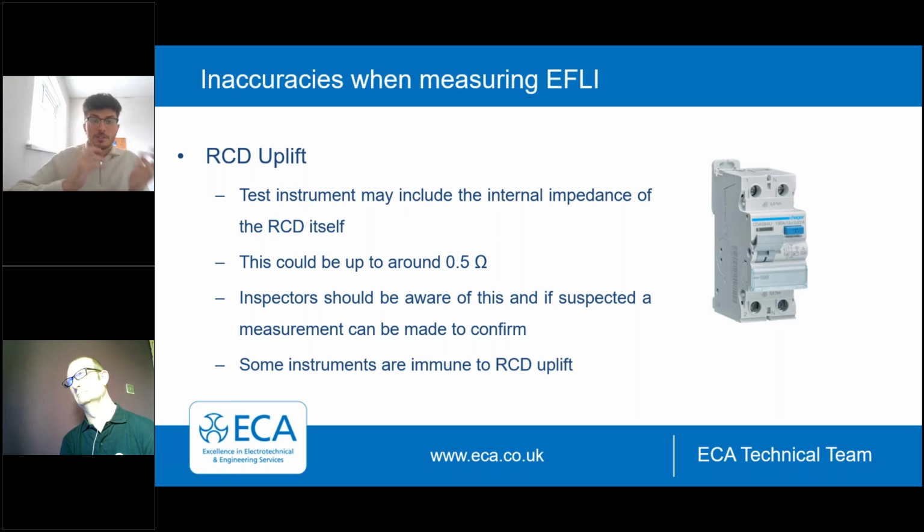So if this particular circumstance arises, there's a method of getting around it, as highlighted there. And I think it would be a good idea if RCD uplift is detected that you list that on the relevant parts of your certification, so likely within your remarks that you've encountered RCD uplift.